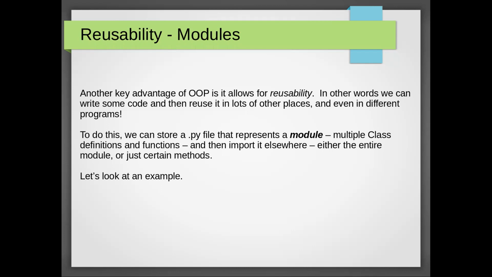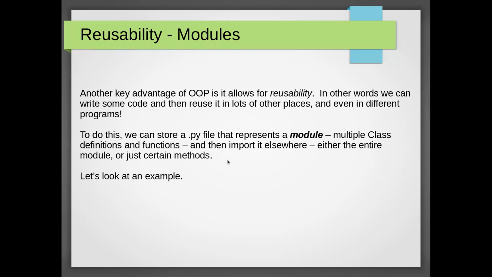And a module is basically just a piece of Python code that has multiple different class definitions and or functions. And then we can import that elsewhere in the same way you're used to importing libraries in your code. We can do the same thing here. We can import a module library that we've written. And we can import either the whole thing, or we can just import certain methods, for example.